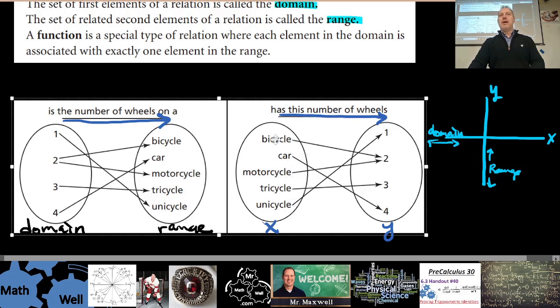Now, if we start with a bicycle, and there's more than one option associated with a bicycle, then this is not a function. It can still be a relationship, but it's not a function. For a function, one value of x is only associated with one value of y. I'll show you graphically what that looks like. And in math, we mostly deal with functions because that's how we can predict things, and that's a little bit more usable.